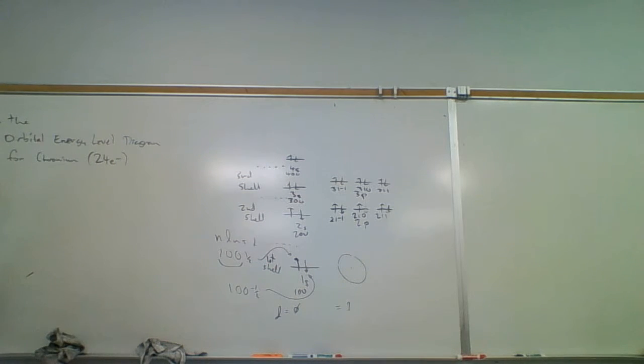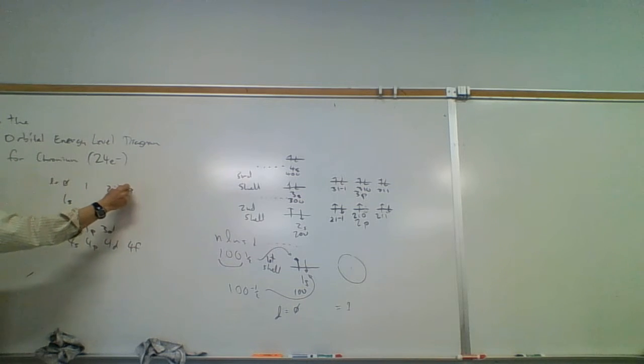It's going to go above the 4s in terms of energy, we do it like this. If we ever wanted, third energy level has 3s, 3p, 3d. Fourth energy level has 4s, 4p, 4d, 4f. You know, this is L. L equals 0, L equals 1, L equals 2, L equals 3.